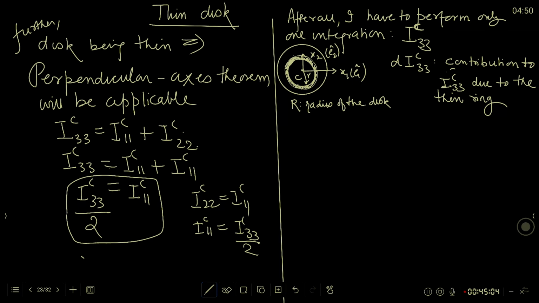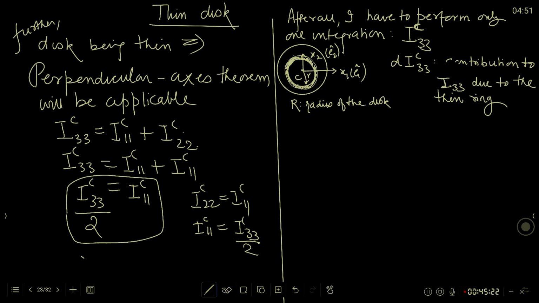And I am saying that DIC33 is the contribution to IC33 coming from a thin ring alone.